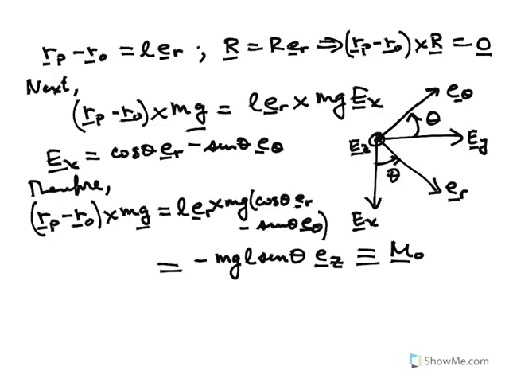So last, let's compute the rate of change in I of the angular momentum relative to point O. Well, the angular momentum was m L squared theta dot EZ.